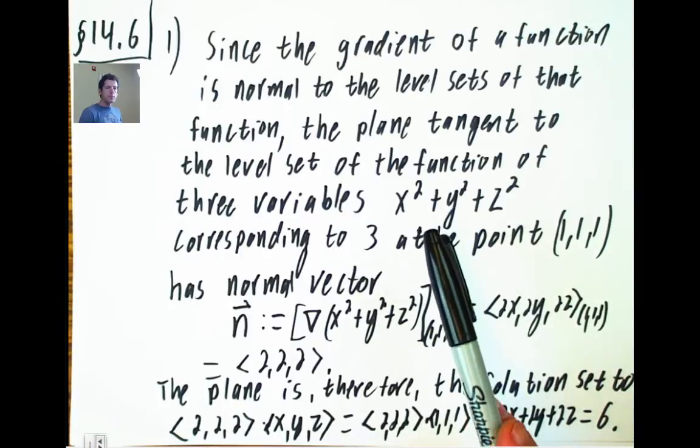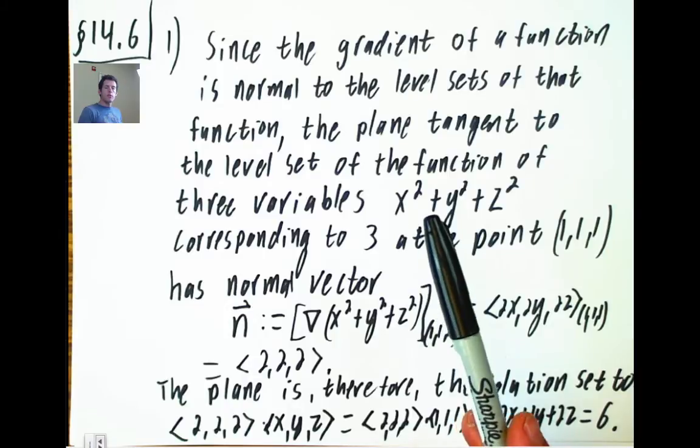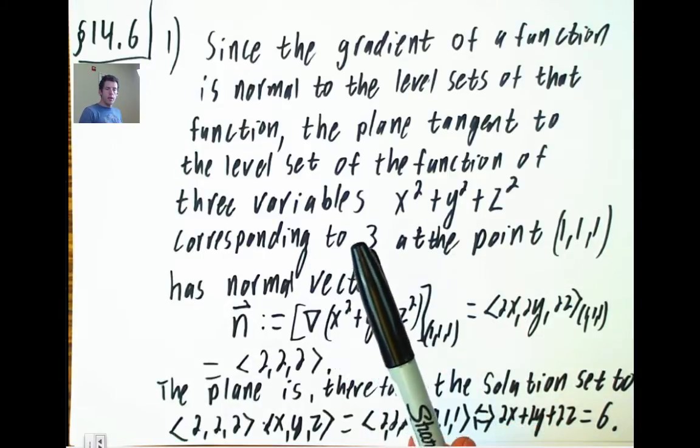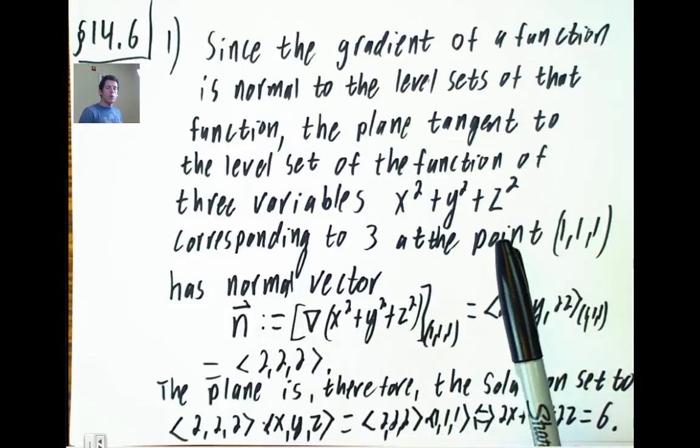Okay. So the plane tangent to the level set of the function of 3 variables, a nickname for it, corresponding to 3, that is the set of ordered triples x, y, z, such that x squared plus y squared plus z squared is equal to 3, the equation that I found in the textbook, at the point 1, 1, 1.